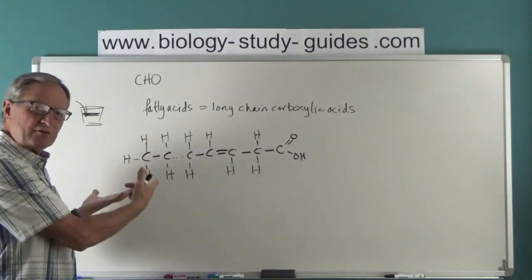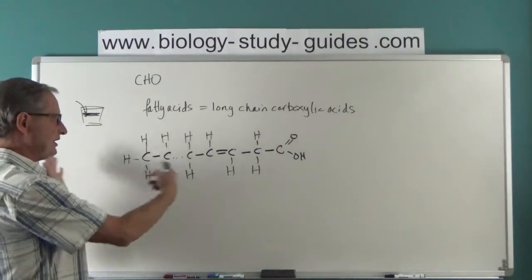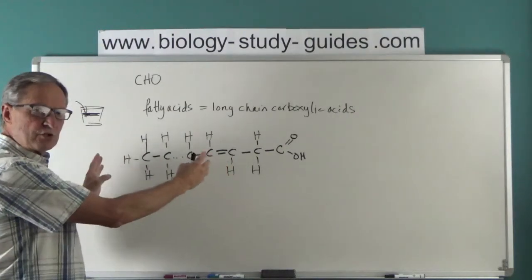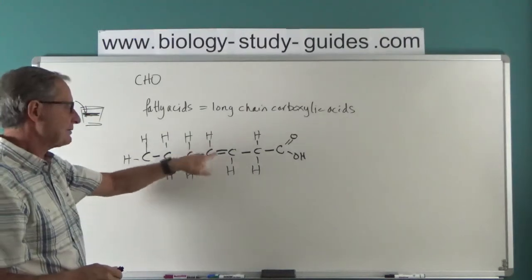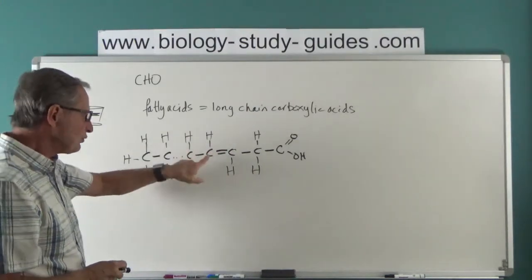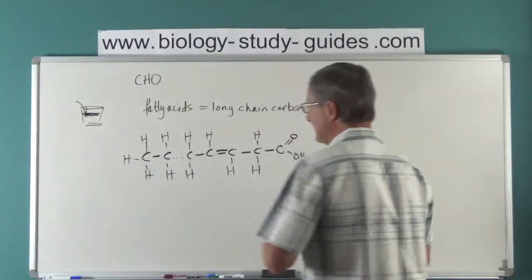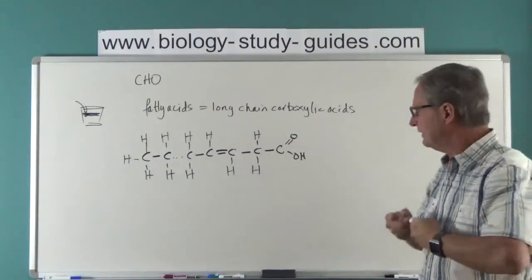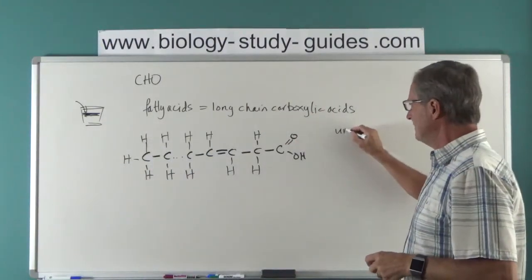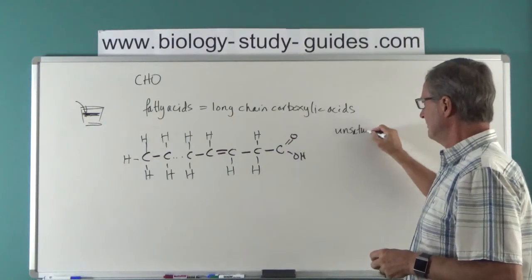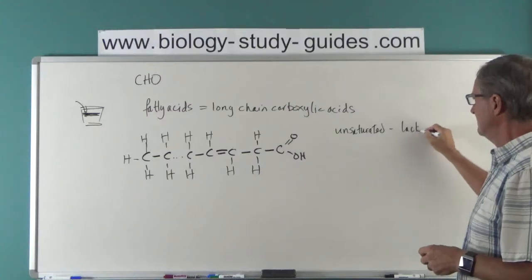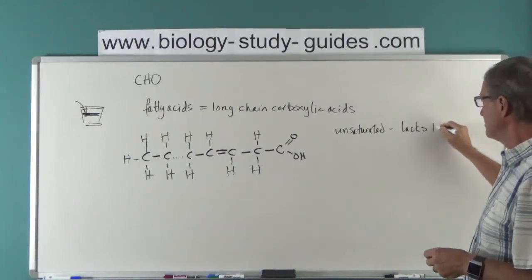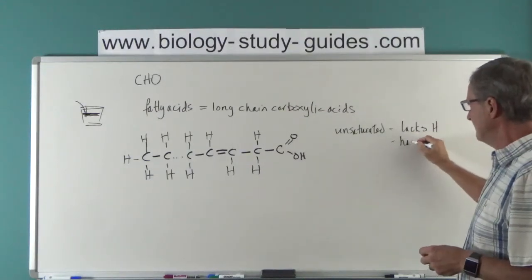This is a different fatty acid. It may be 16 or 18 carbons long, just like the original one, but this one has less hydrogen and has the presence of a double bond. When it doesn't have all the hydrogen possible in it, it's called unsaturated. So it actually lacks some hydrogen and has double bonds.